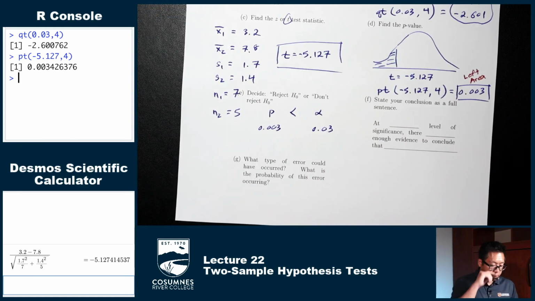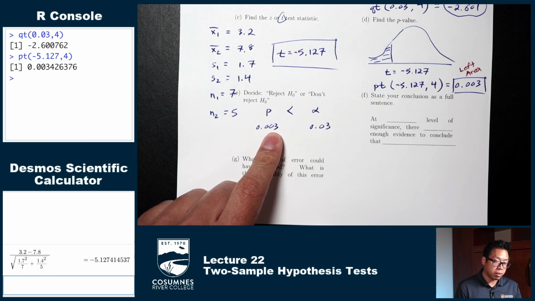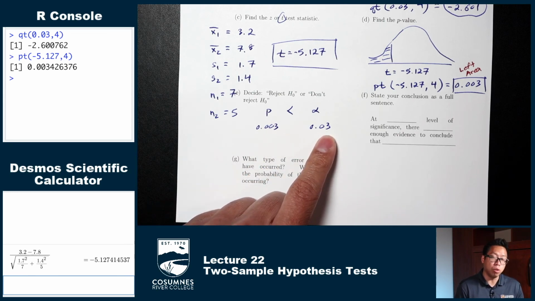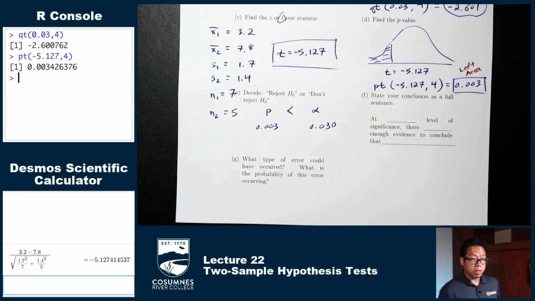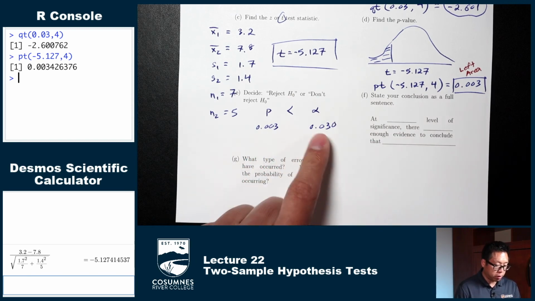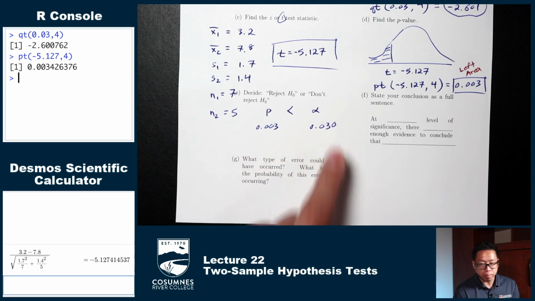Okay, and as always, my recommendation is to add on 0 so that they both have the same number of decimal places. 0.003 has 3 decimal places. 0.03 currently only has 2. So I'm going to add on a 0. And really, you're comparing 003 versus 030. So basically, 3 versus 30.